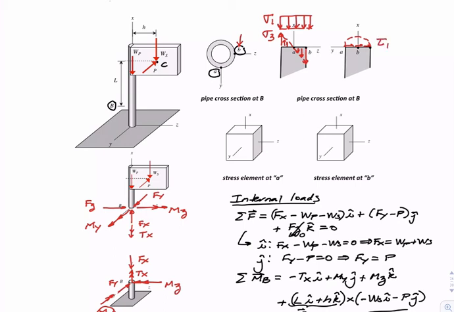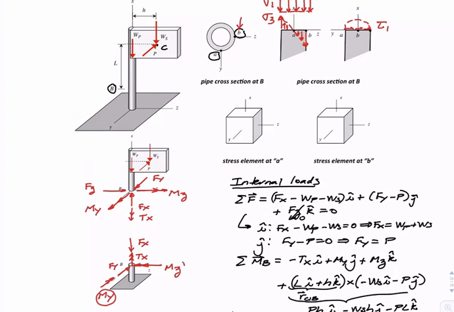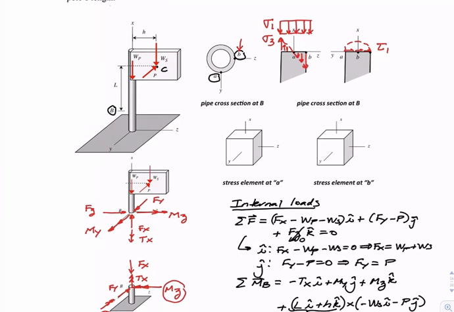If I look at sigma 2, sigma 2 I said was that due to the bending moment Mz. And so if I come down and look at this, the bending moment Mz is going to be putting the A component in tension, let me draw that in blue so I don't confuse it with that red.